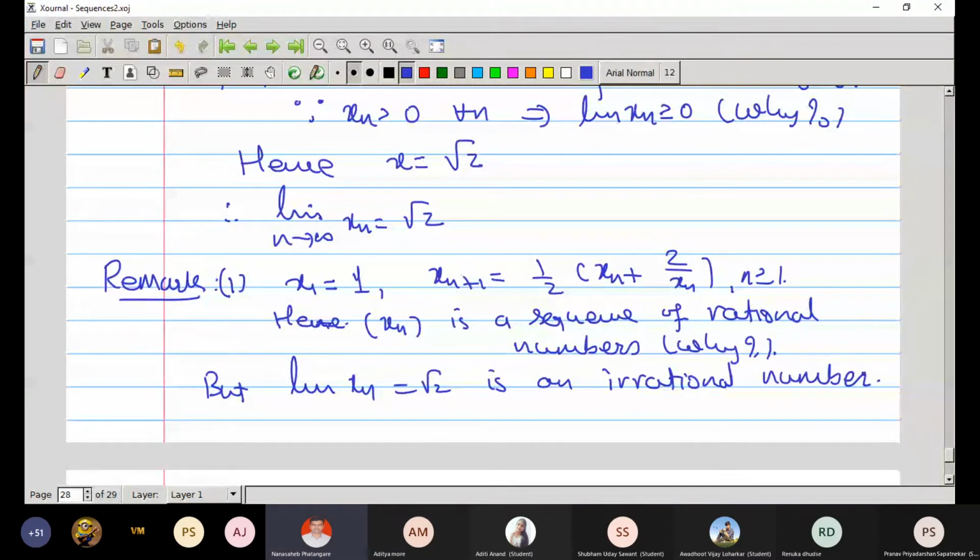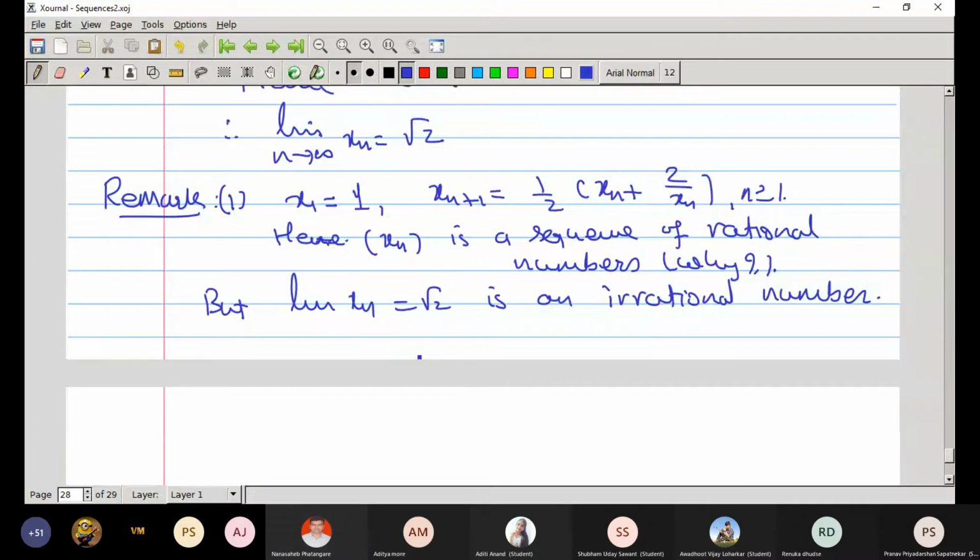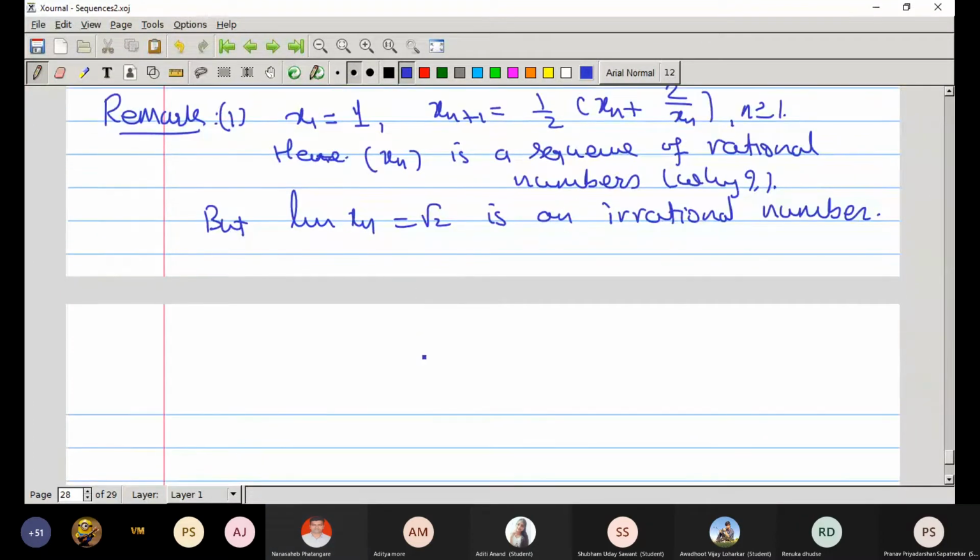That means there exists a sequence of rational numbers which converges to an irrational number. That happens actually, right? Correct? Yes, sir.